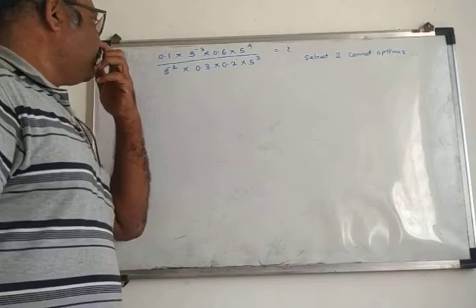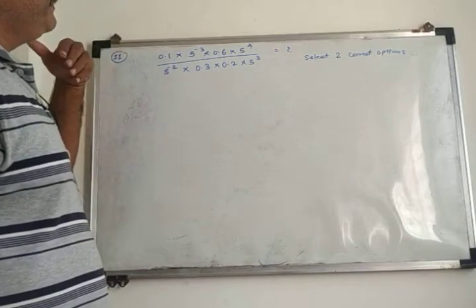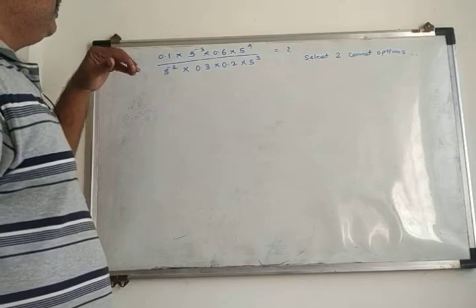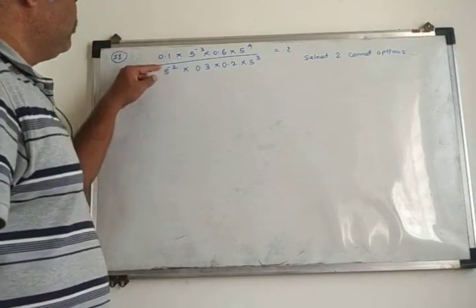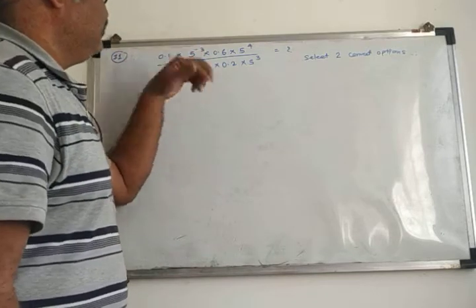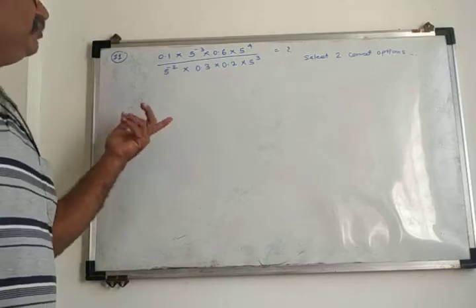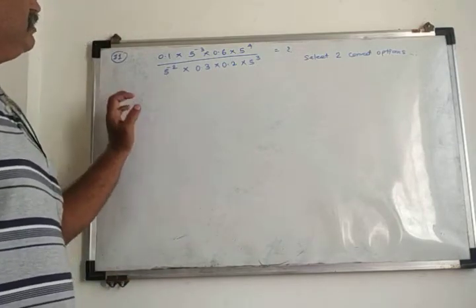Many people make this very complex by doing 5 raised to minus 2, taking it up, taking it down, and everything. We don't have this much time in our examination.